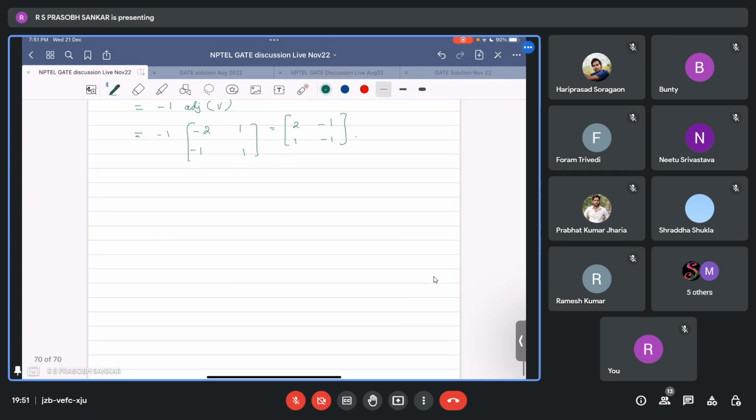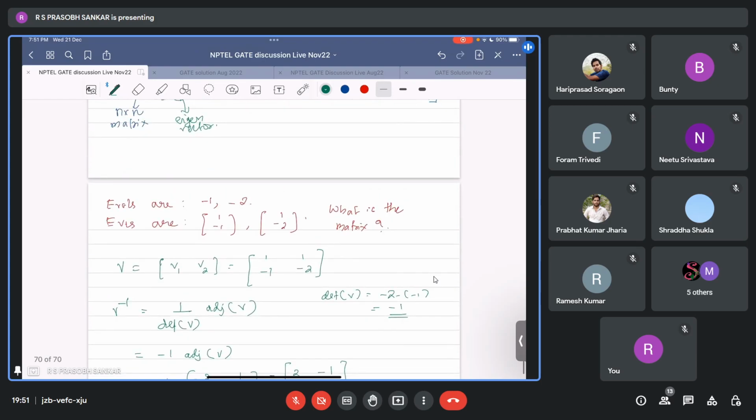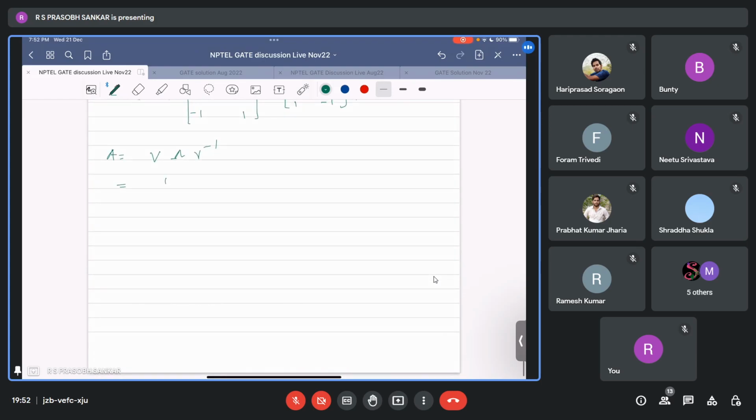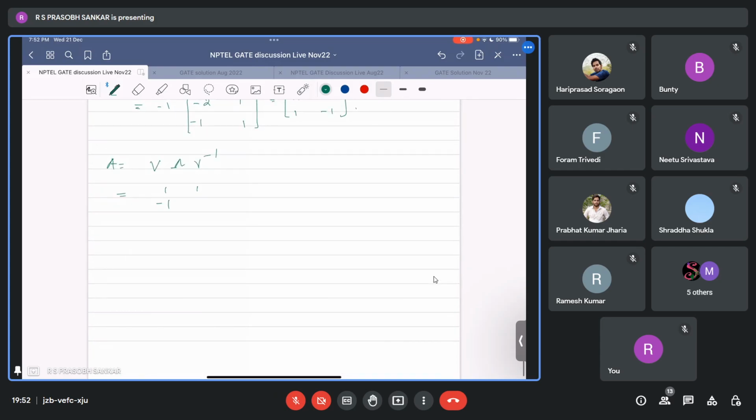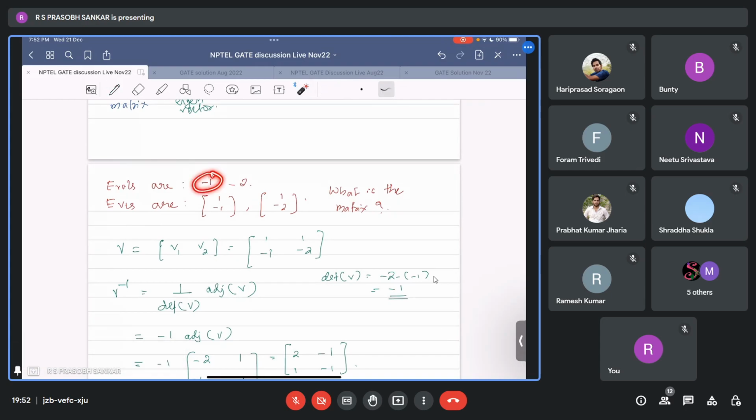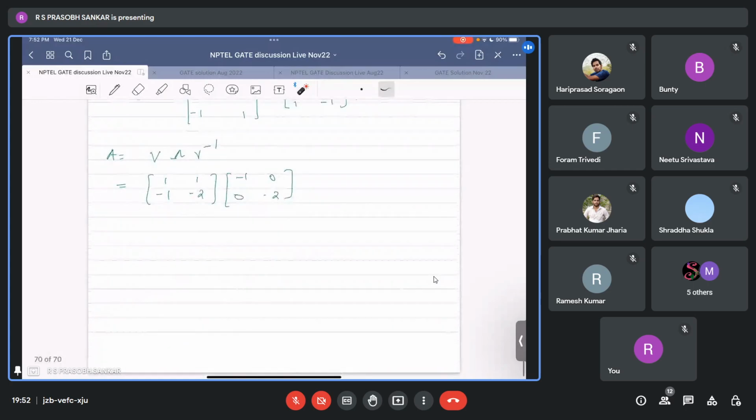Okay, so what is the matrix? We have A given by B lambda B inverse. B is given by minus 1, minus 1, 1, minus 2. Lambda is given by minus 1, minus 2, because for minus 1 it is this eigenvector, and for minus 2 it is this eigenvector.